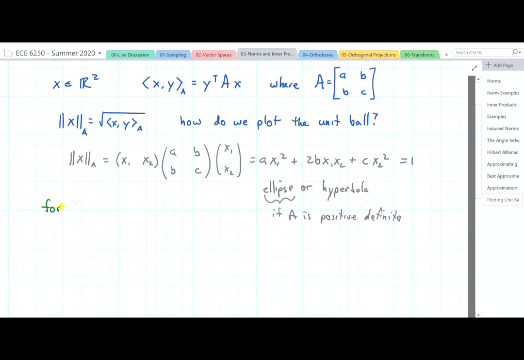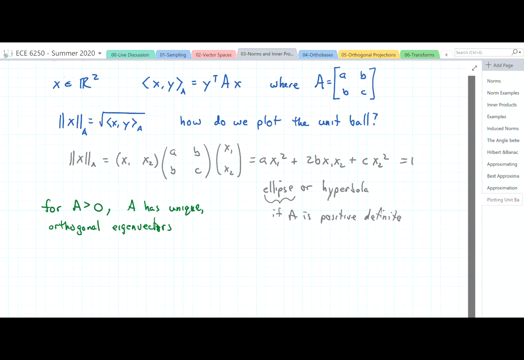So for A greater than 0, A has unique orthogonal eigenvectors. And if A has orthogonal eigenvectors, we can also make them orthonormal. In other words, make them have unit norm.